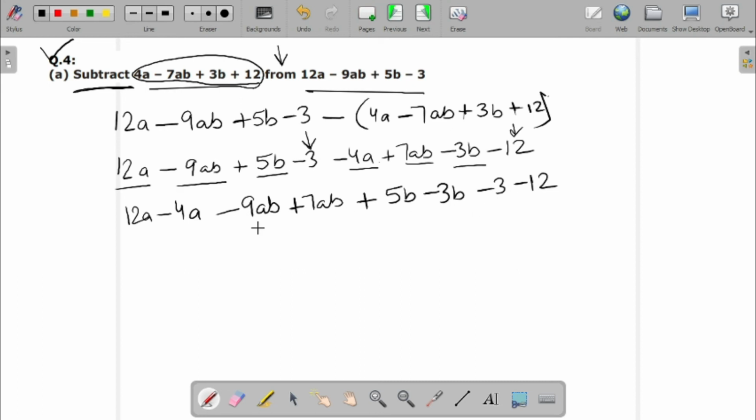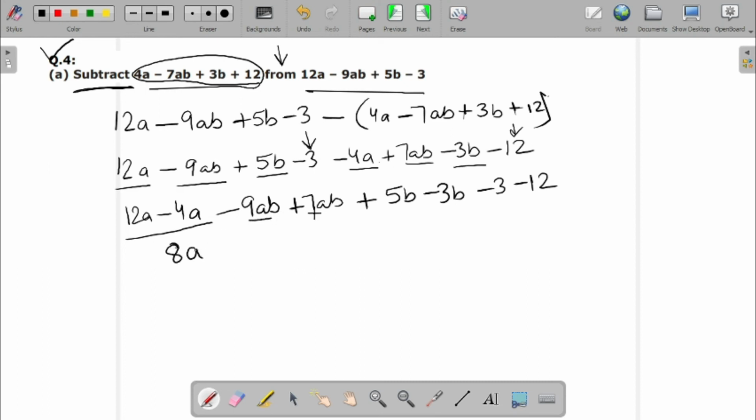Please check, no term should be left behind. All terms must be included. So we can count the terms also. 1, 2, 3, 4, 5, 6, 7, 8. 8 terms. Here also we have 8 terms. 1, 2, 3, 4, 5, 6, 7, 8. Now 12a minus 4a, that means 8a.